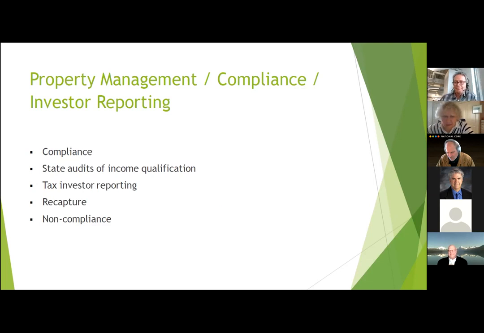And just to put the icing on the cake, as was mentioned before, the primary reason most market rate developers don't do affordable housing is because of the compliance side of the equation. When you think about that, every source of funding has its own reporting requirements, its own audit requirements, and our compliance department has to manage that when you have 2, 3, 4, 5, 8, 10, 12 different sources of funding in one development.